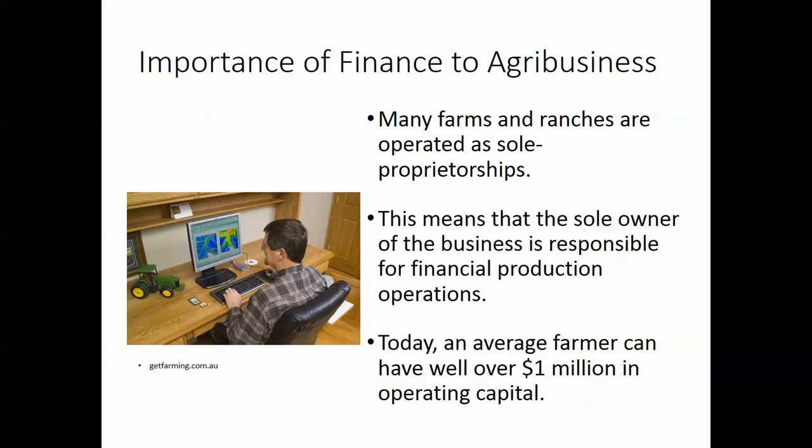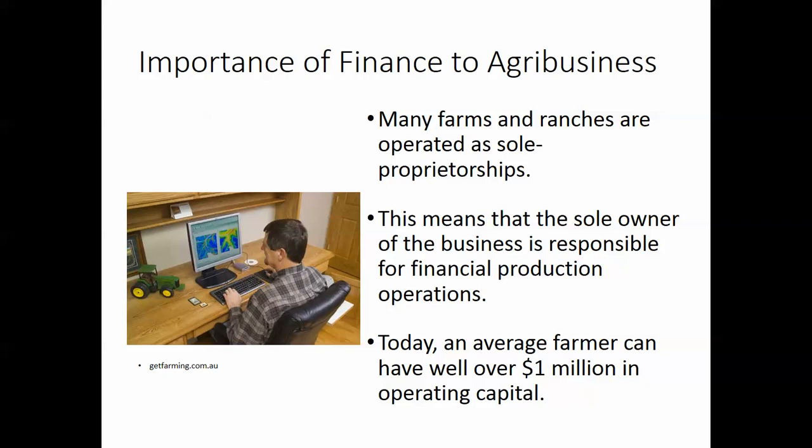The importance of finance to agribusiness. Many farms and ranches are operated as sole proprietorships. That means they have one owner, one operator. That sole operator is responsible for the financial operation. Today, an average farmer can have well over $1 million just in operating capital. Operating capital means the money that is borrowed just simply to make it through one operating cycle.